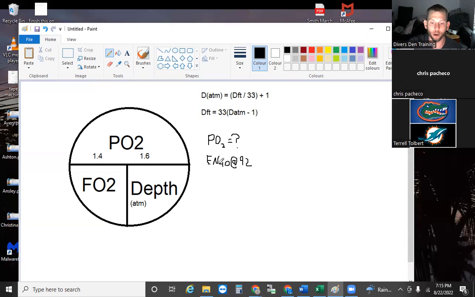My fraction of oxygen is 0.40, times 92. No, that's not going to work. I have to convert that to atmospheres. So it's going to be 92 divided by 33 plus 1.